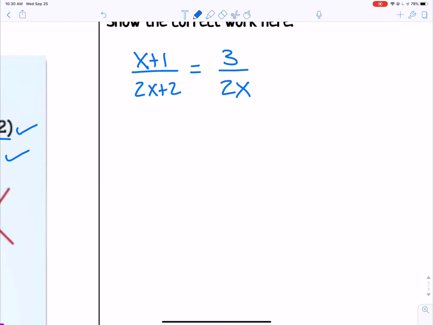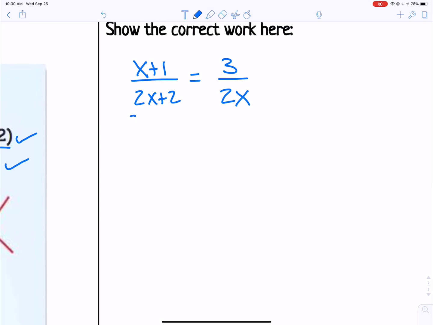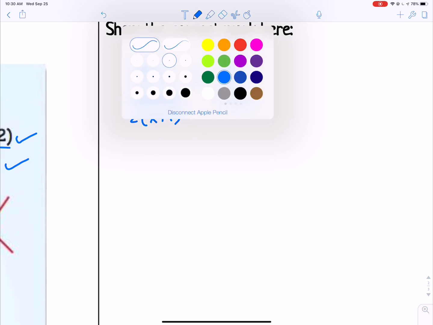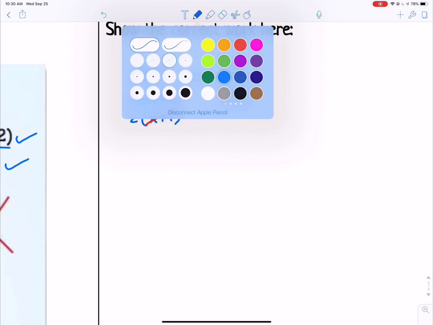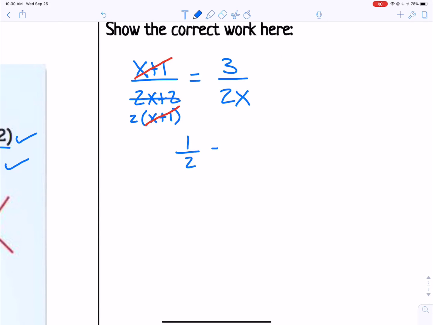If I look at this problem from the very beginning, I could factor out a 2, and I would have x plus 1 left if I rewrote it. If you notice, this x plus 1 would actually reduce right there, and I would have 1 over 2 equals 3 over 2x. And then let's cross multiply.